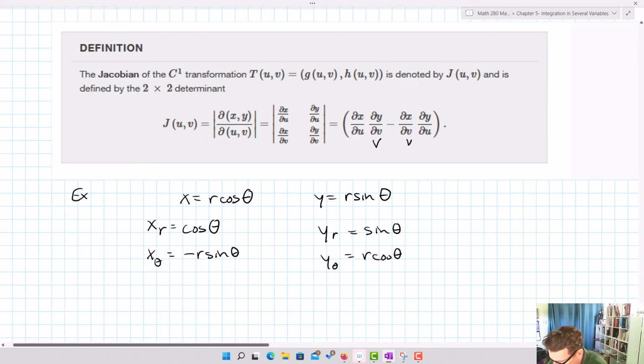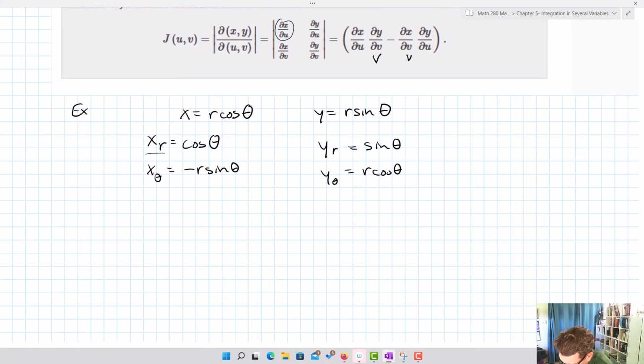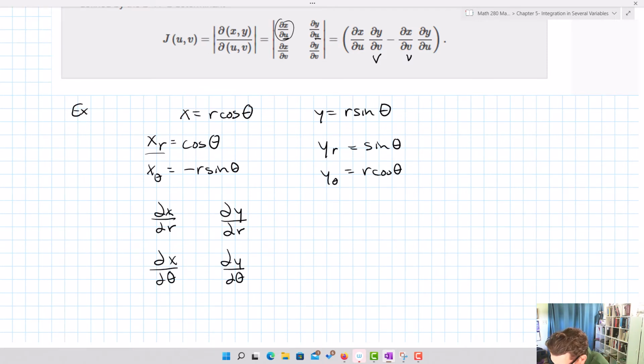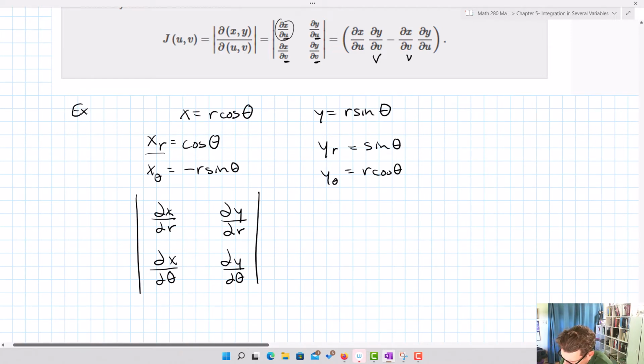So now we take dx dr, dy dr, dx d theta, and dy d theta. Just noticing that with variables, you kind of choose how you want to go. In this case our function is r, theta, so that's the order we're going to go in.